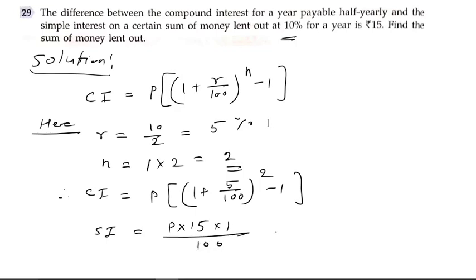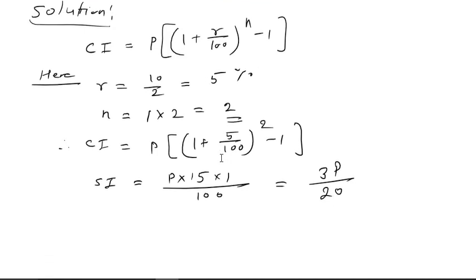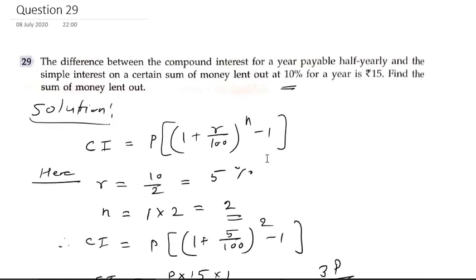So with 5 I can cancel. So it is P, 5 threes are, so it is 3P upon 5 twos are 10, so 3P upon 20. Now the difference between this compound interest and simple interest in this problem is rupees 15.